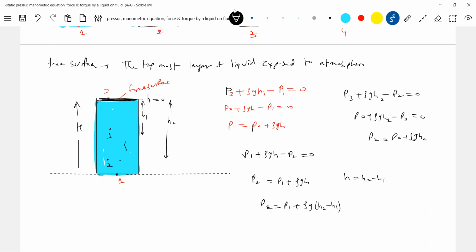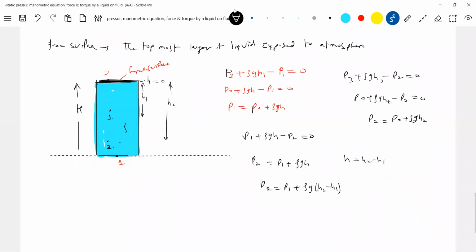You can find out this one. But why did you always start from 3? Why can't you start from 2? Yes, I'll start from 2 also. P2, if I move up inside the liquid, it should be negative, no? So P2 minus rho G H2 minus P3 equals 0.